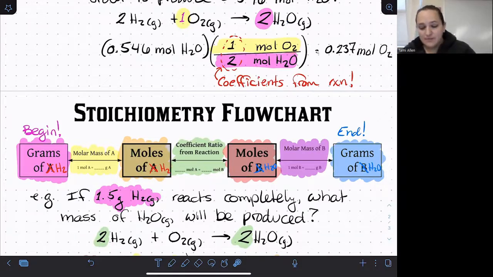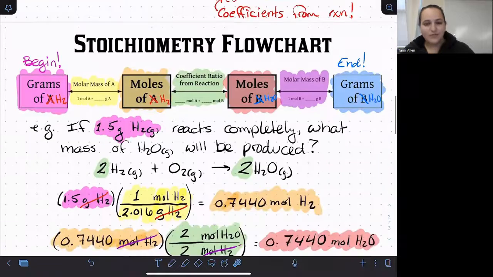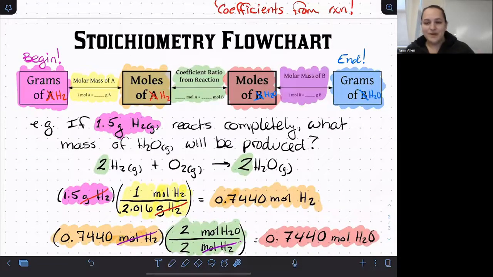So I strongly recommend that you are writing out your units to help you get in the habit of feeling confident knowing when you need to multiply or divide, or what goes on the top, what goes on the bottom. It's all just dimensional analysis. It's all just unit conversions with slightly unfamiliar units. So follow the flow chart in order, pay attention to your units, and you will be in great shape.